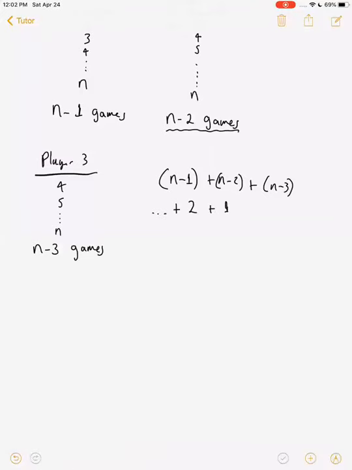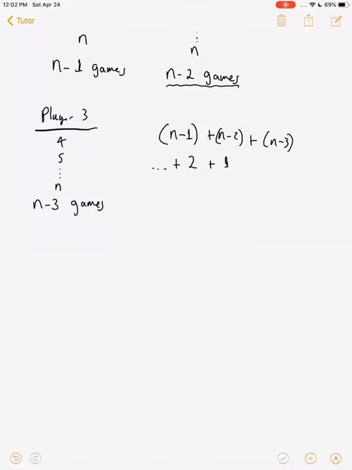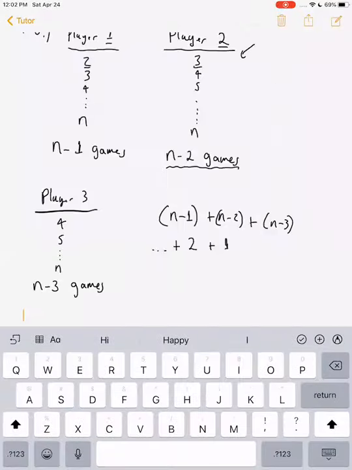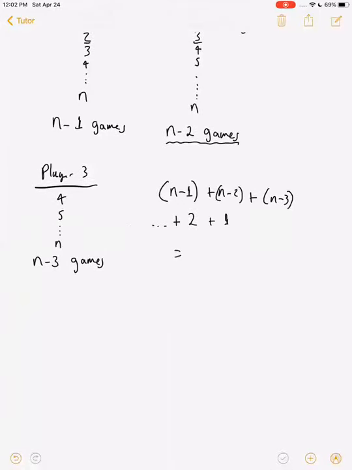So we keep adding. And remember, we learned the summation rule for this. So this is just equal to n times (n minus 1) divided by 2. And we learned this equation in unit 3.